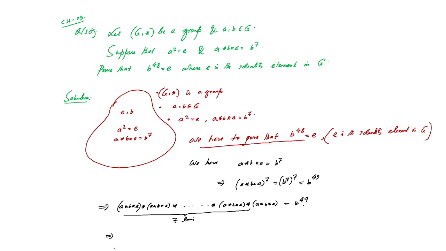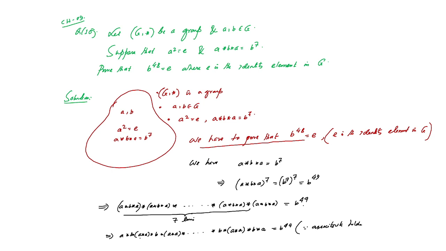That we can write as A star B star A star A star B, again A star A star B, again A star A star B star A. We just apply associativity, and associativity holds.